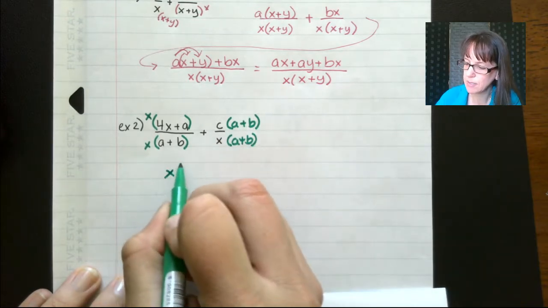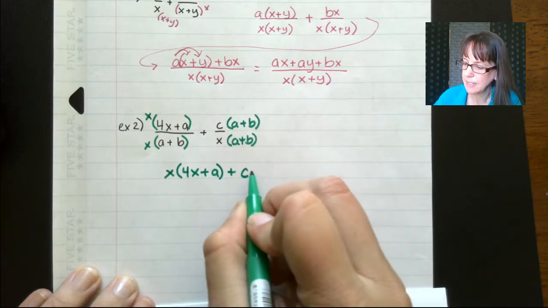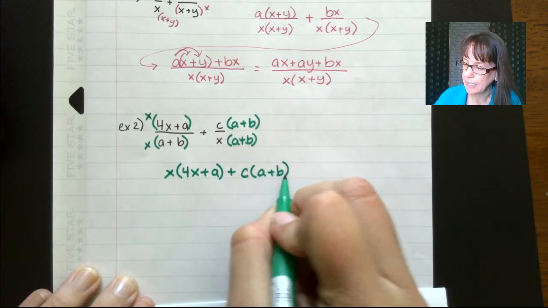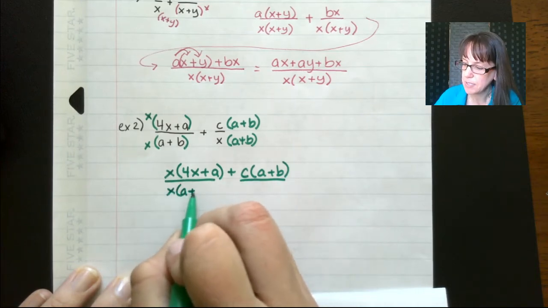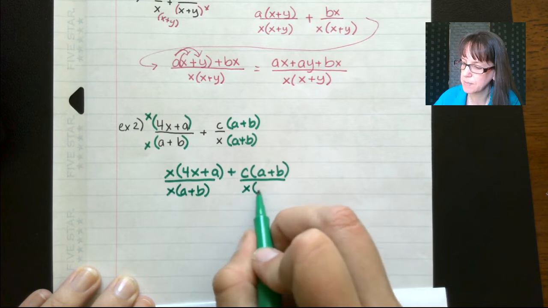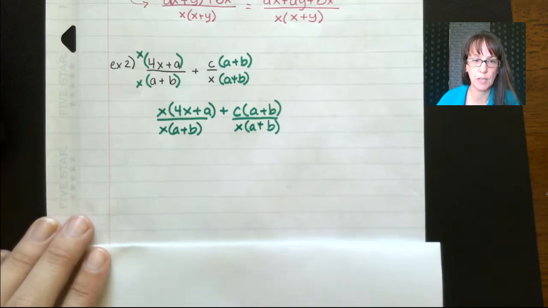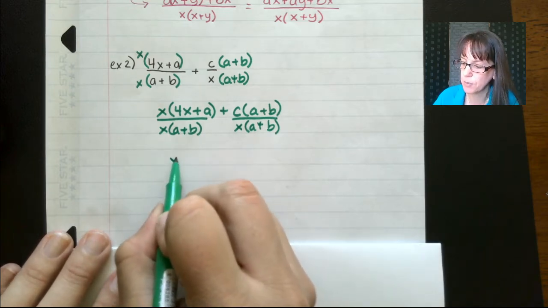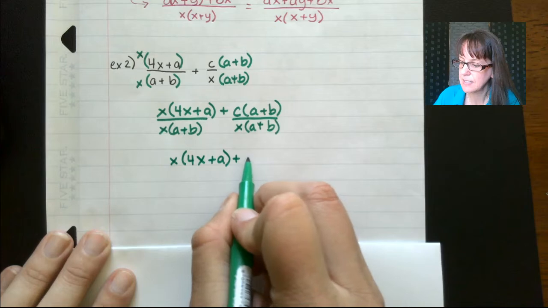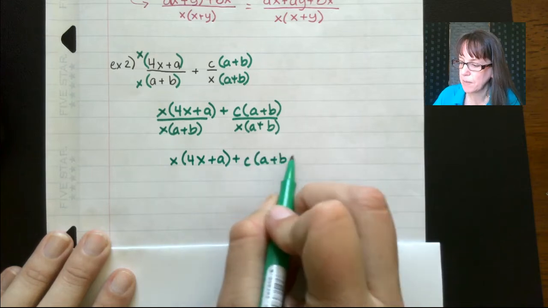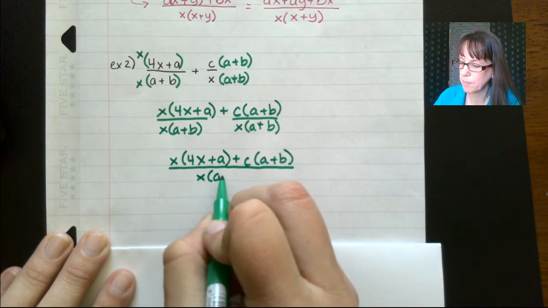We now have x quantity 4x plus a, plus c quantity a plus b, and each of those are over x times a plus b. Because those have a common denominator, now we can put them all under the same denominator: x quantity 4x plus a, plus c quantity a plus b, all divided by x quantity a plus b.